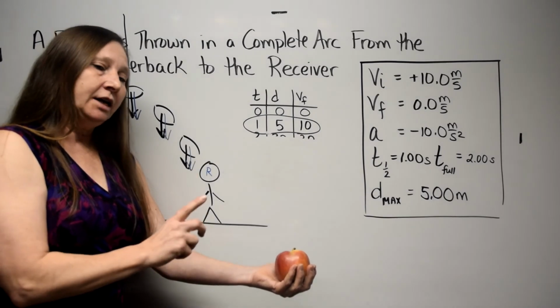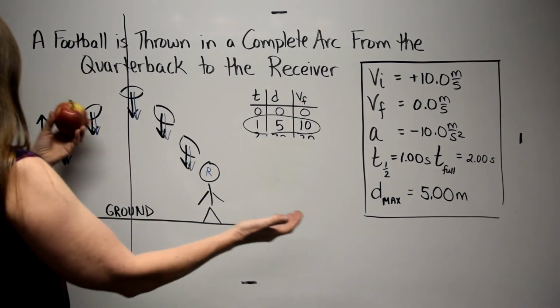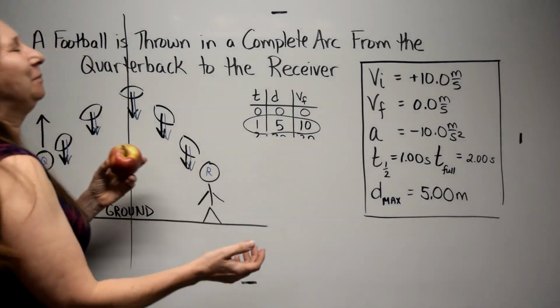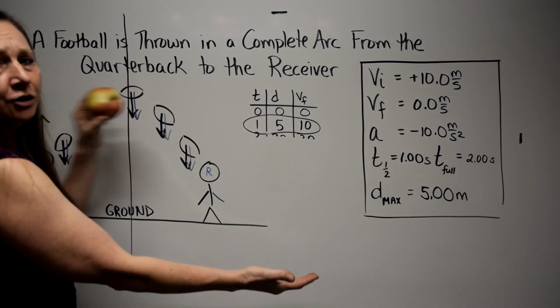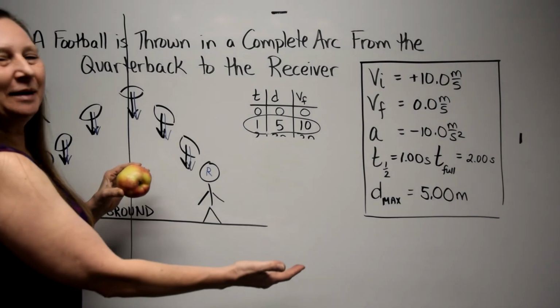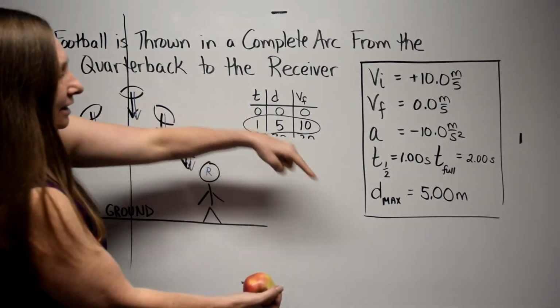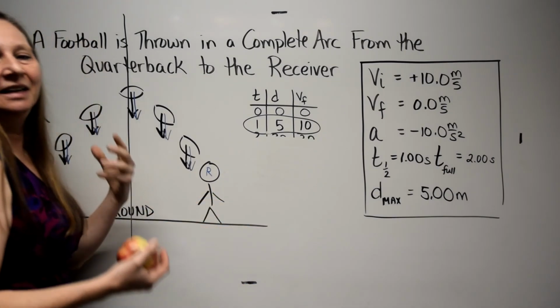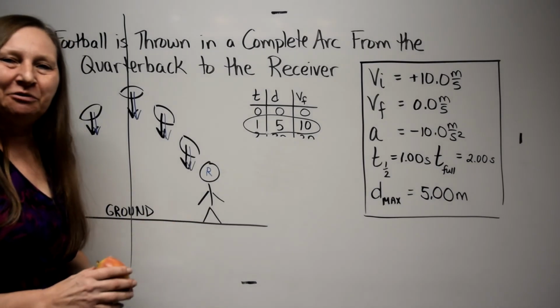The time when it's not touching my hand, it is in free fall. Take the apple, and the apple runs off a cliff, maybe we better use a car, and goes down in a half arc. As long as it's not on the cliff or on the ground, the object is in free fall.